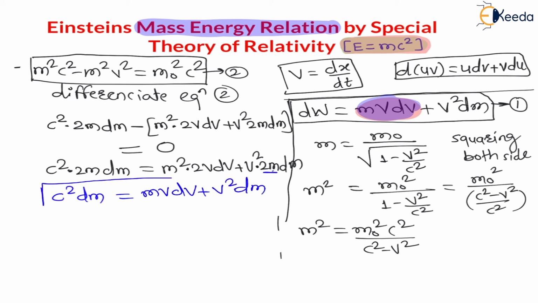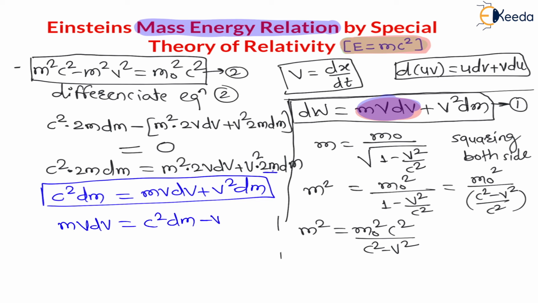This will be our equation. Now from this equation the target was to find mv dv, so let us find it. Therefore my dear students, this mv dv will become equal to C square dm minus V square dm, right? Or it can also be written as mv dv is equal to C square minus V square times dm, right?